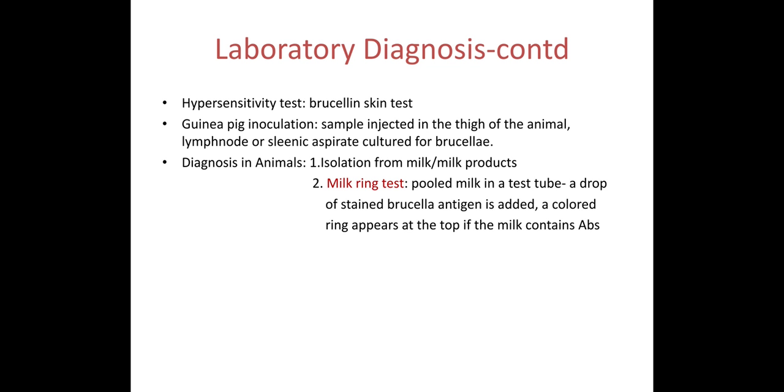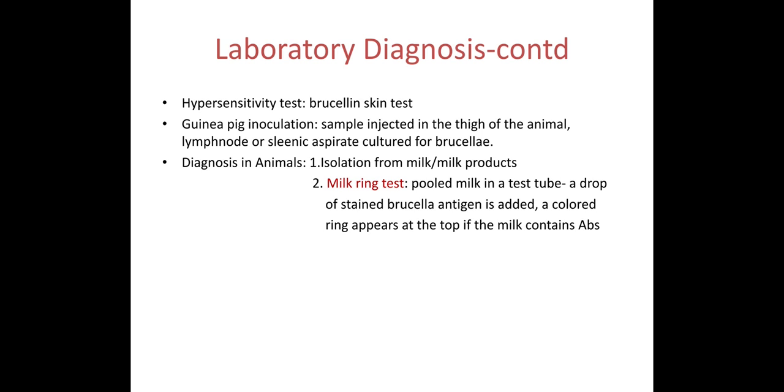Other tests which can be used to diagnose brucellosis are hypersensitivity tests in a case of chronic brucellosis. This is a type 4 hypersensitivity test called the brucellin skin test.